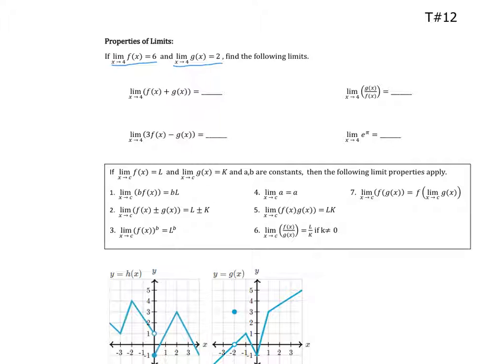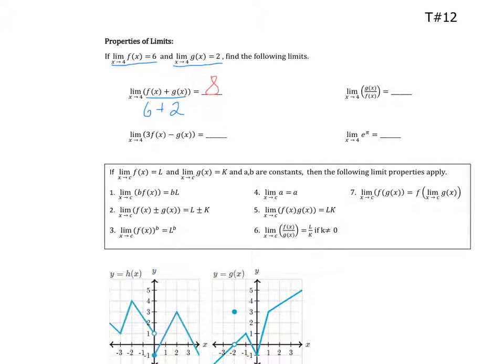If I ask you to do the limit of f plus g, and you're guessing, you'd probably say, well, I'd add the limits together. And that's exactly what you would do. So 6 plus 2, super simple, and that gives you 8.